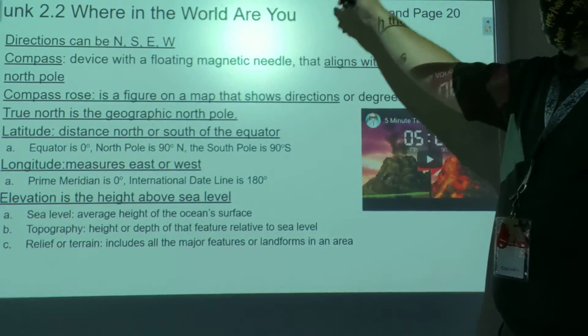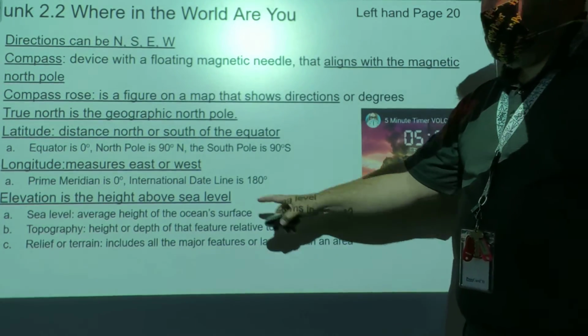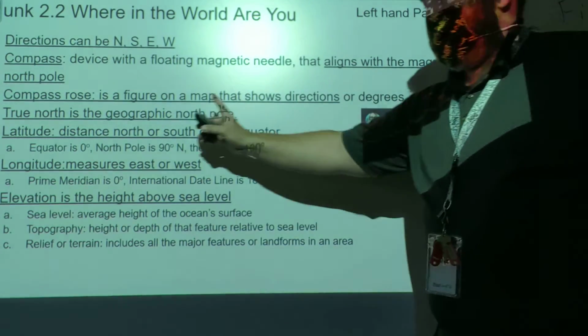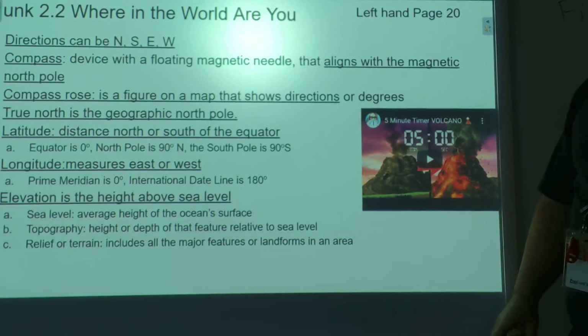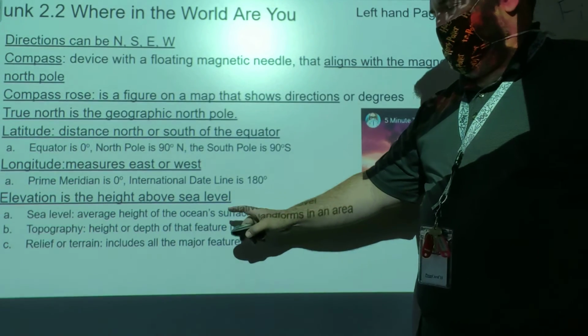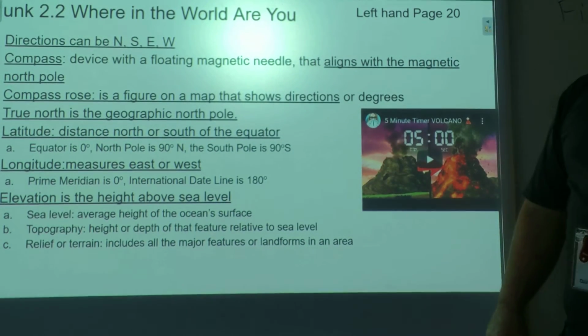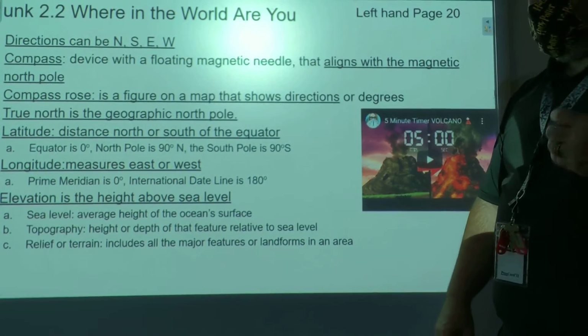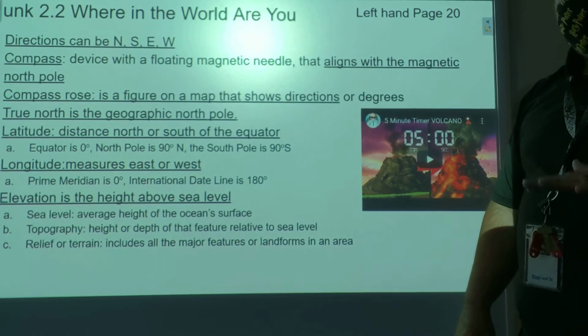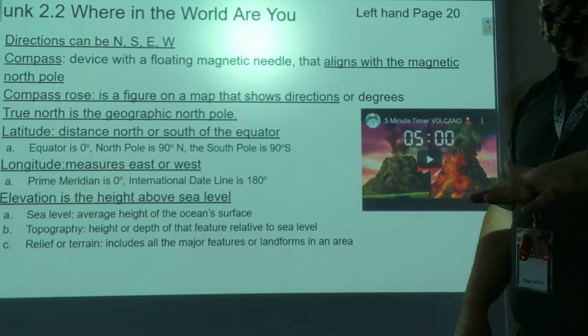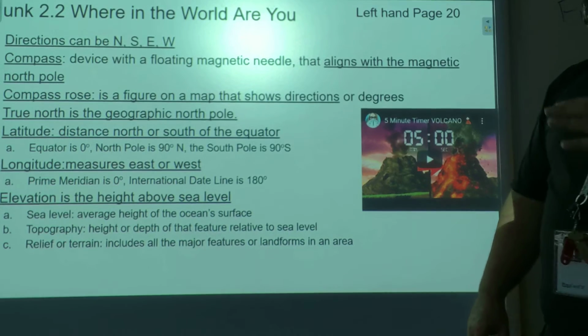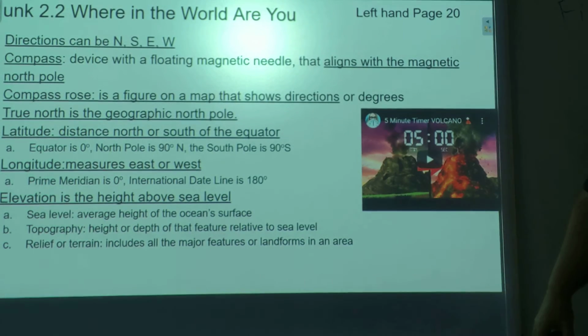Latitude is how far north or south of the equator. Longitude is east or west of the prime meridian. Elevation is the height above sea level. We have 3 ways of talking about that. Sea level itself is the average height of the ocean around the world. And topography is the height or depth of a feature.